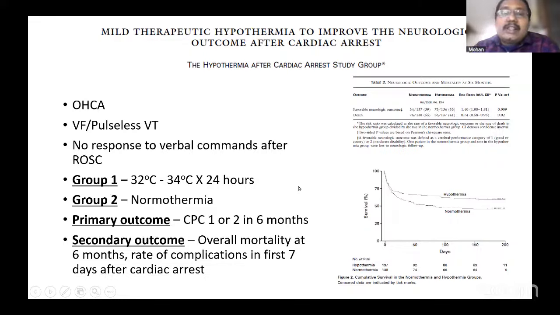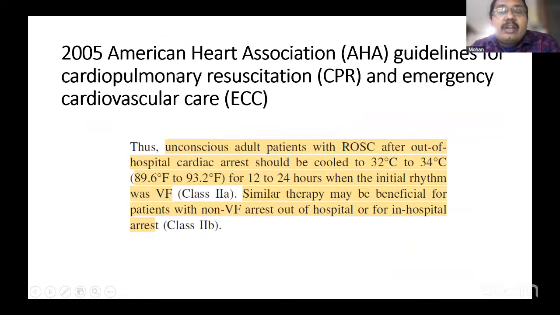These two trials were crucial in establishing that hypothermia is indeed helpful in patients who have achieved ROSC but have no response to verbal commands after ROSC. So in 2005, AHA came up with guidelines that introduced therapeutic hypothermia.